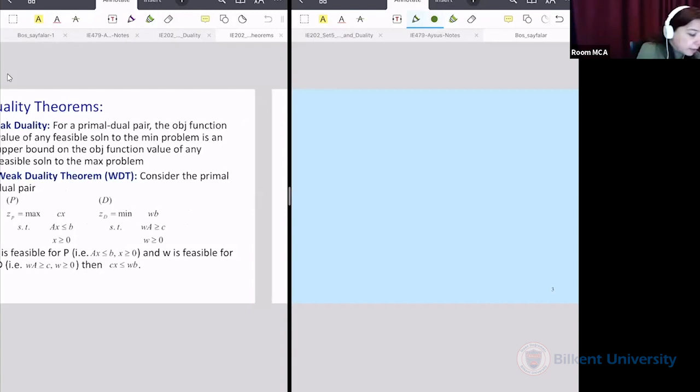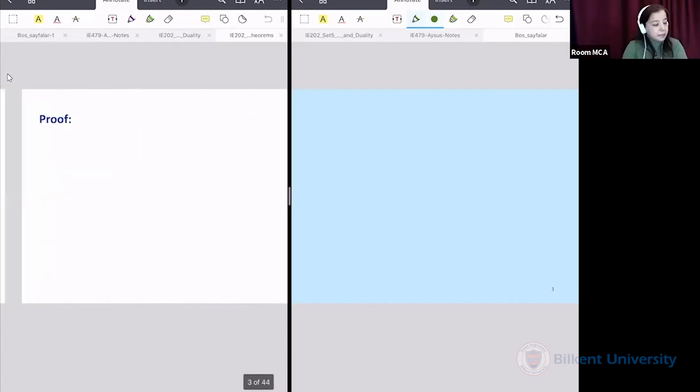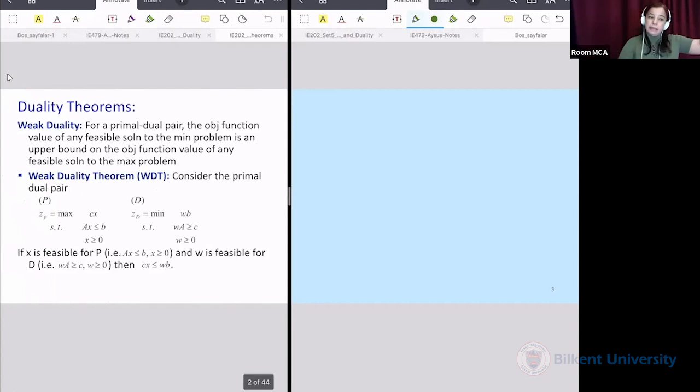Now let's look at the proof. Be careful in proving things. Given a feasible X and given a feasible W, take their objective functions. So this is my if, this is in my pocket. Given these, I'm supposed to prove that the objective function of the min is always an upper bound for the objective function of the max.